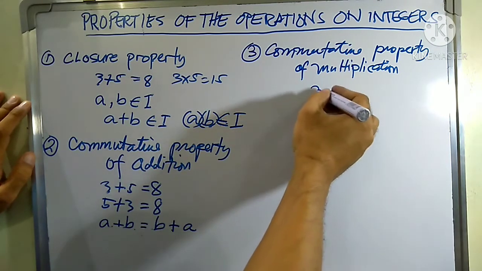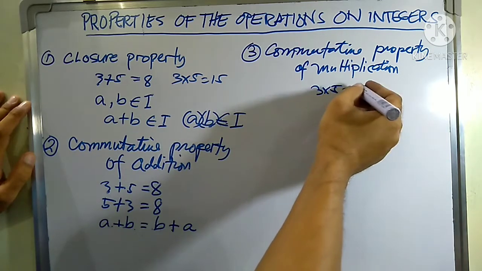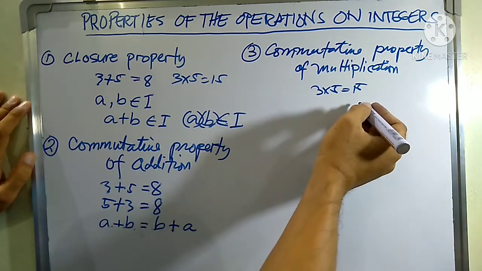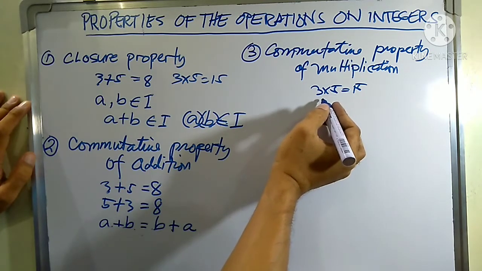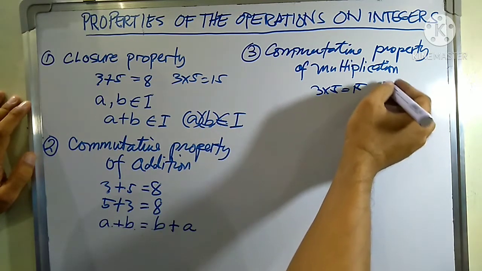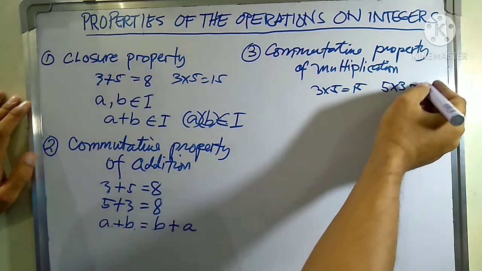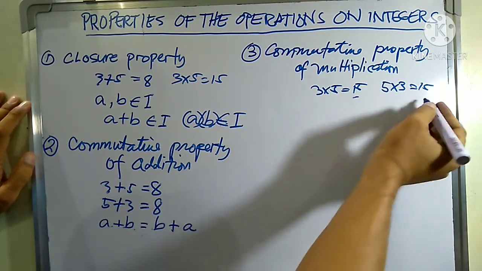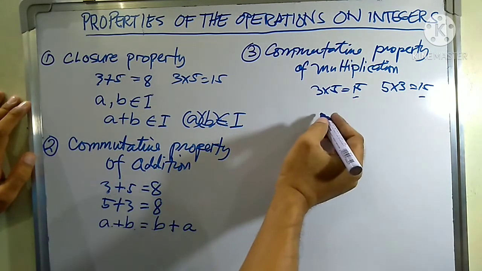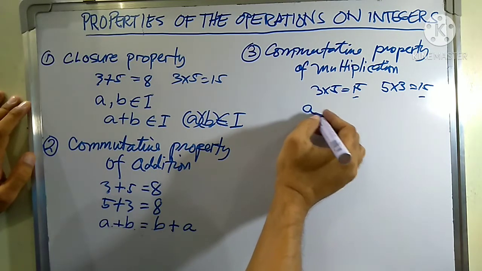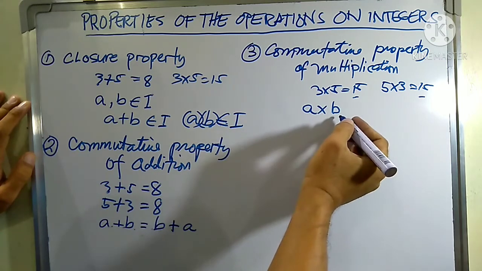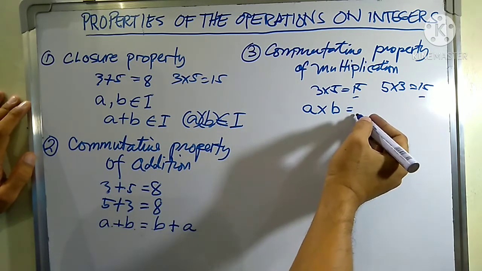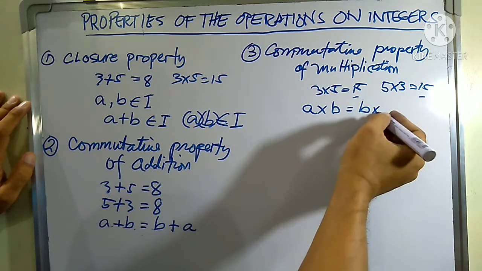So if we have 3 times 5 equals 15, we can interchange the order of 3 and 5. We can say 5 times 3 equals 15. The value will never change. Therefore, we say that if we have an integer a multiplied by an integer b, the answer is the same as b times a.